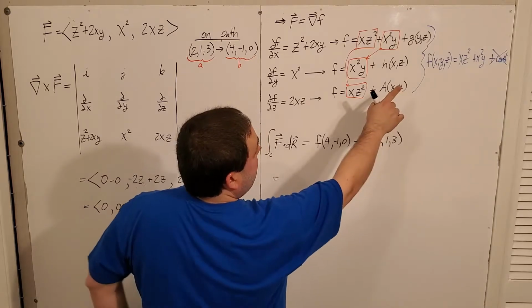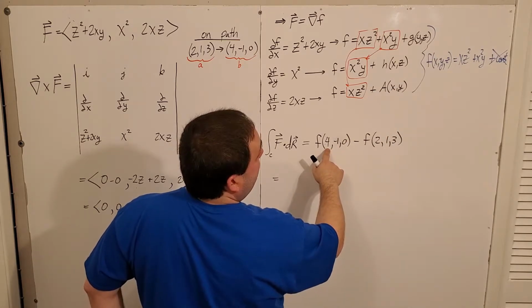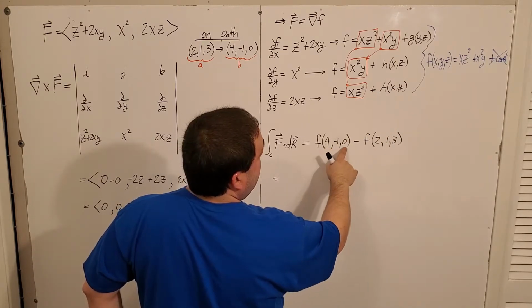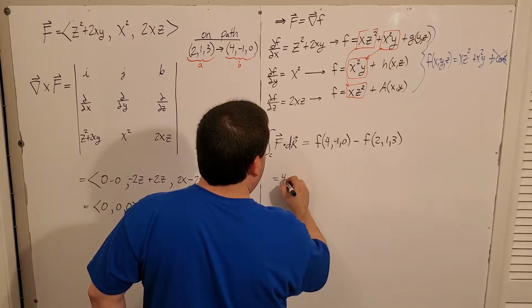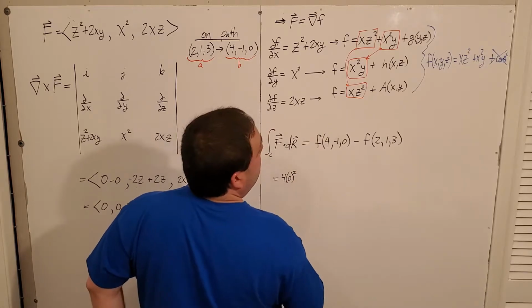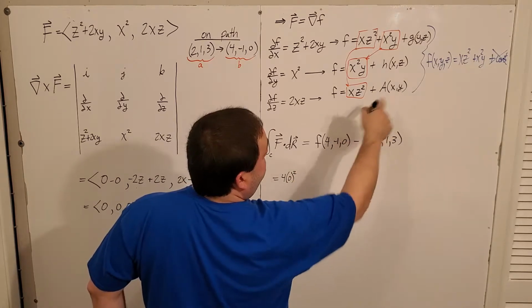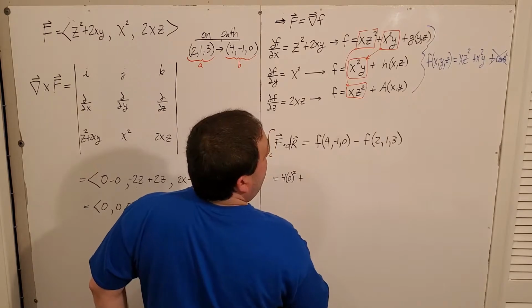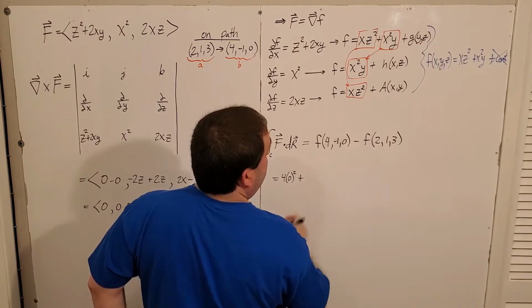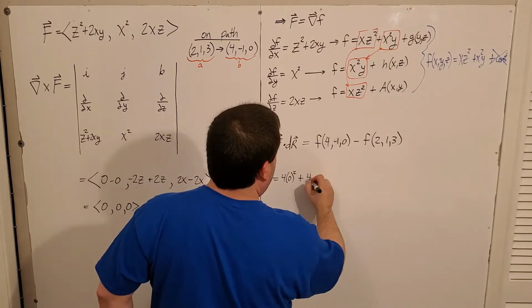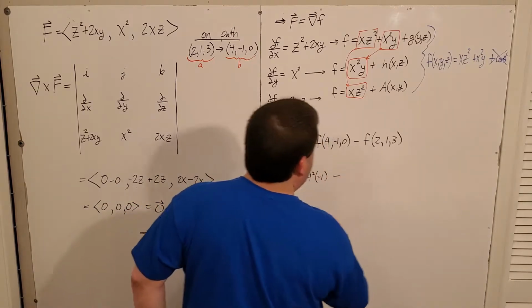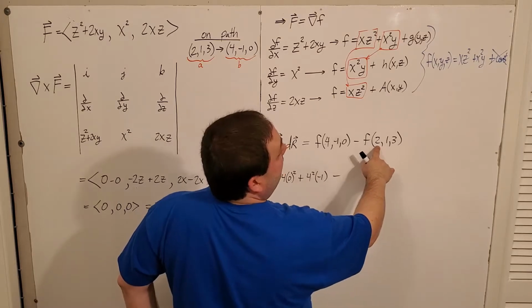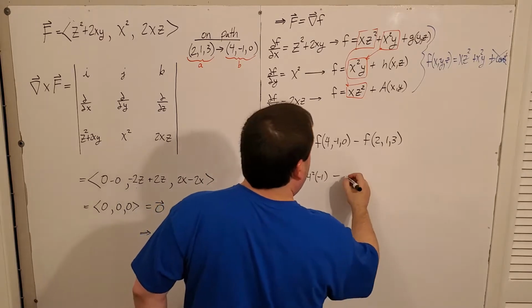Okay, so then this is equal to, right here I've got x times z squared, right? So 4 times 0 plus x squared y. So 4 squared times y minus 2 times 3 squared.